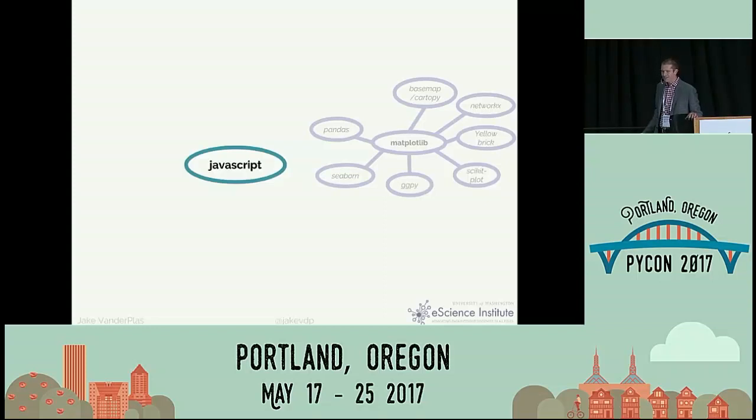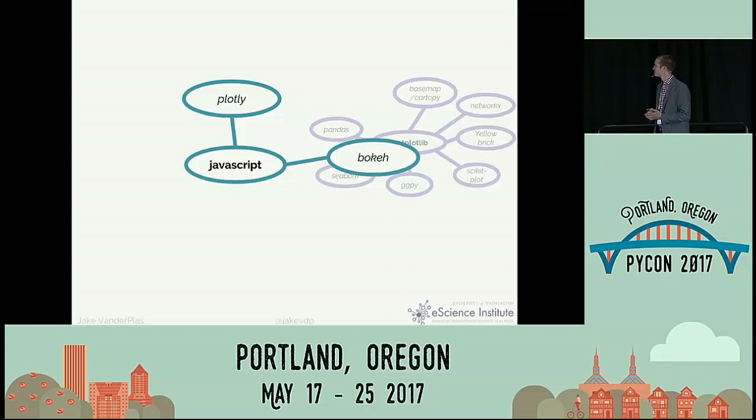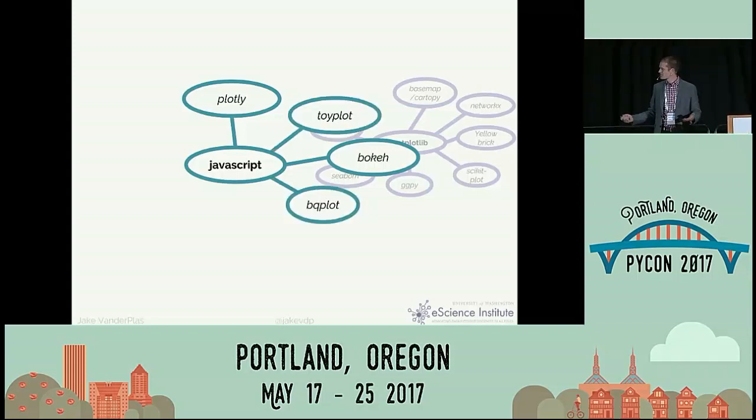On top of that, you have JavaScript. In the last few years, a lot of these Python libraries have started to depend on JavaScript to get some great interactive visualization. Probably the 2 biggest of those are Plotly and Bokeh, and I'll talk about each of those later. But there are more. There's toyplot and bqplot, which you may not have heard of, but they're really fun libraries to try out.